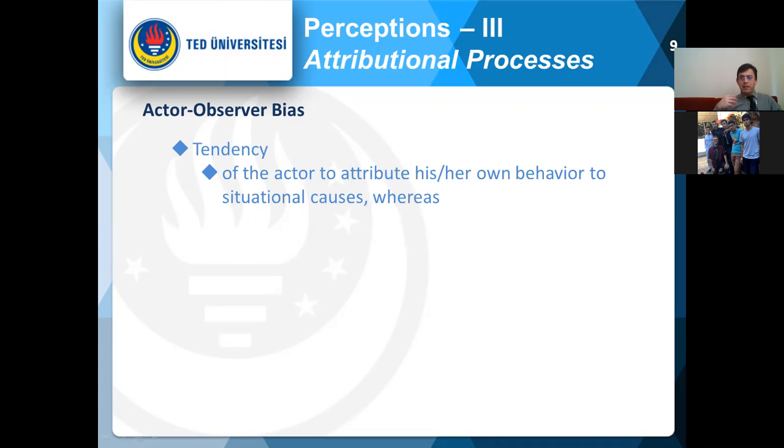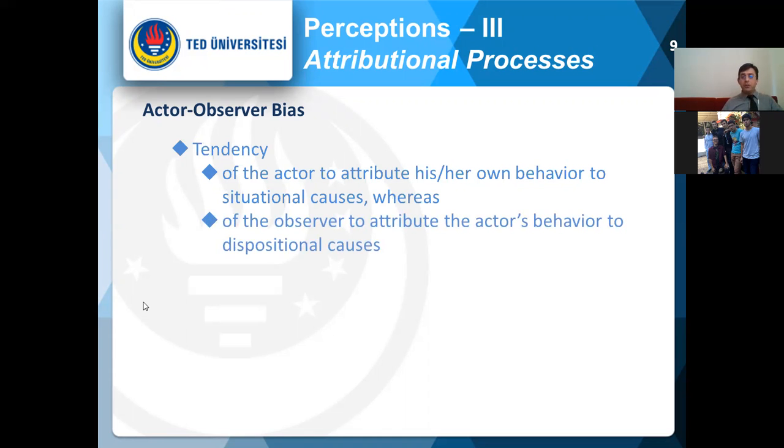So if I am quarreling with my partner and shouting at her, I say it was a tiring day. I was very tired today. That's why I couldn't control myself. So as the actor, I attribute my behavior to situational external causes.